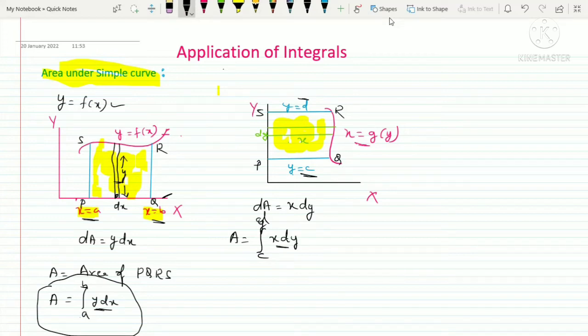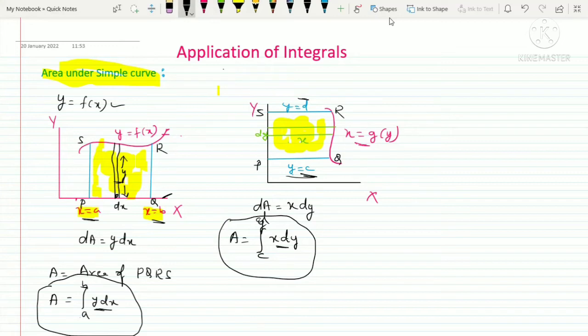This is the area of the one strip. Integration from C to D means the sum of the areas of all the strips. Then you will get the area of the total curve bounded with the y-axis between the interval y equal to C to y equal to D.